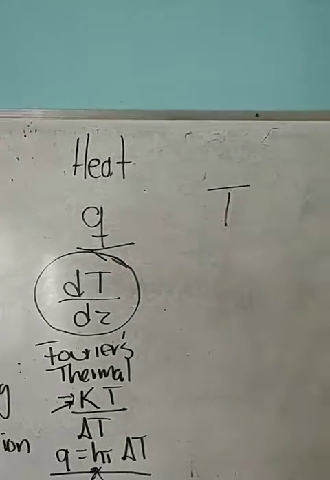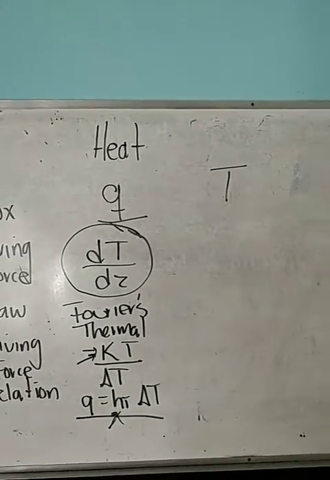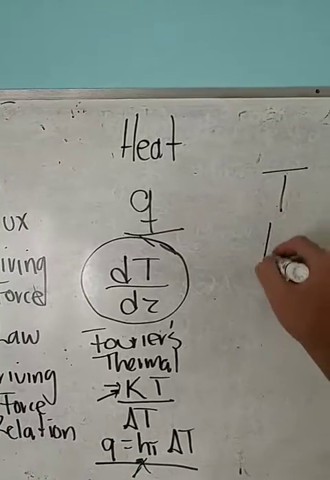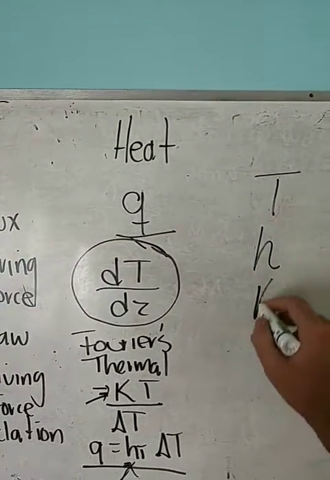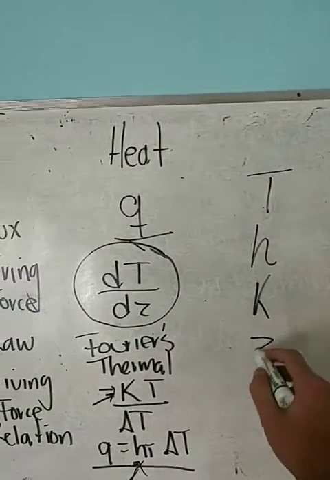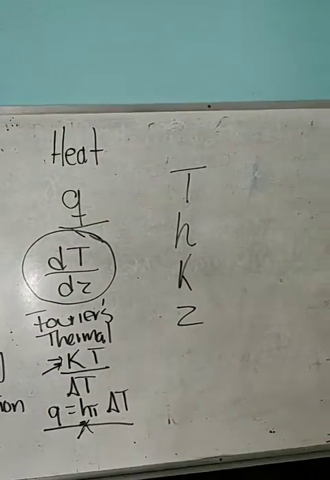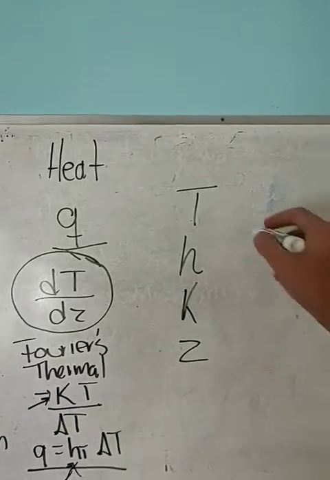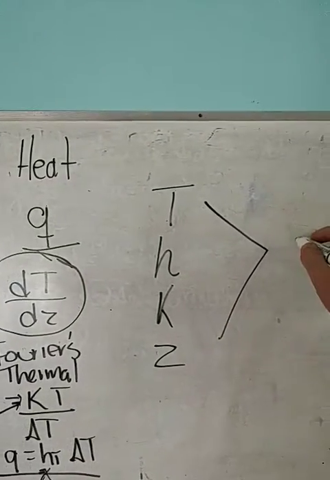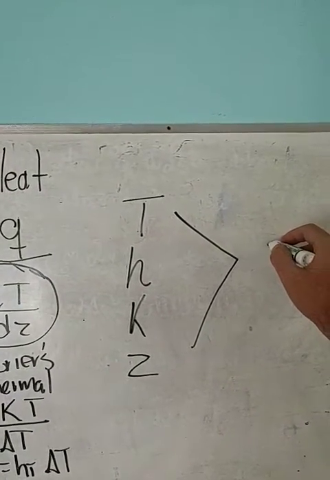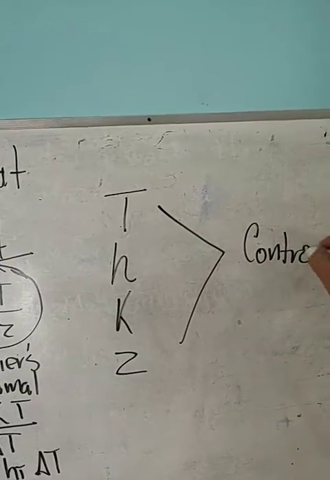The important thing about heat transfer is that I need temperature. Also, I need the materials they are made of and the distance that they have. Also, why do we care about this? Because for each of them we're going to control each part.